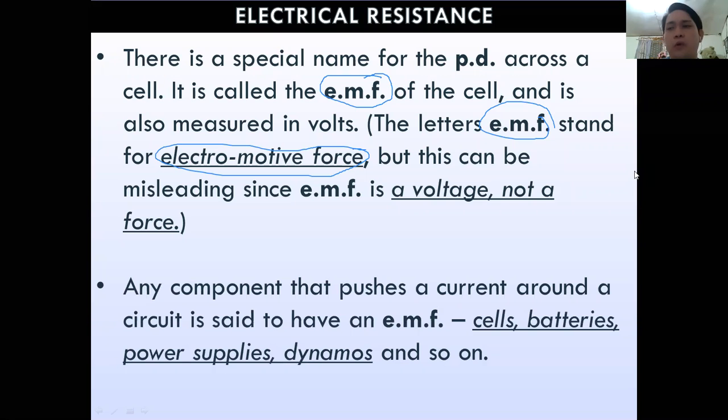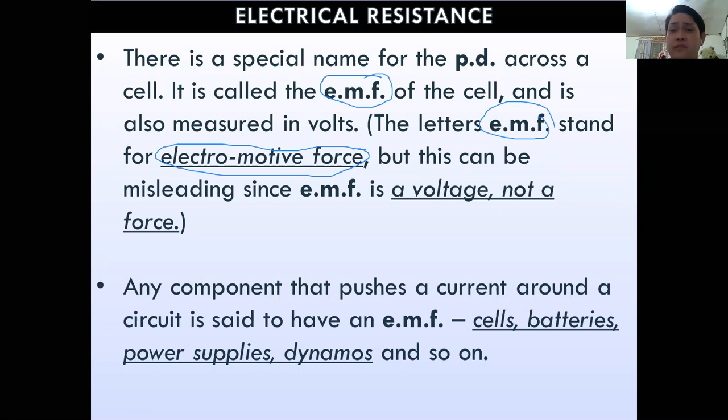Any component that pushes a current around a circuit is said to have an EMF.